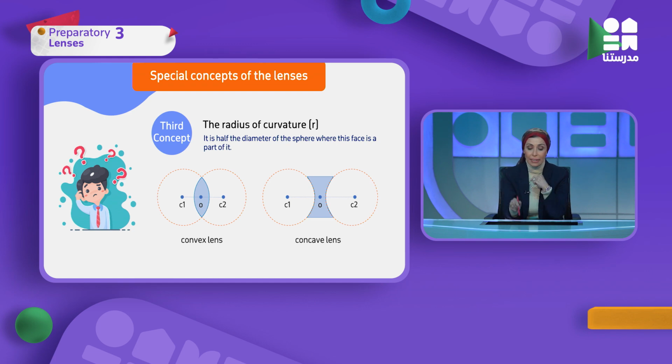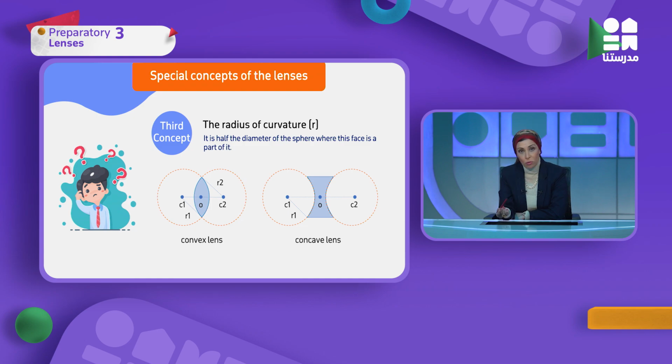Look here, the ray which goes from the center of curvature to the tip of the lens is called the radius of curvature, and here R2 is the radius of curvature. Any line I extend from the center of curvature to the lens is called a radius of curvature.